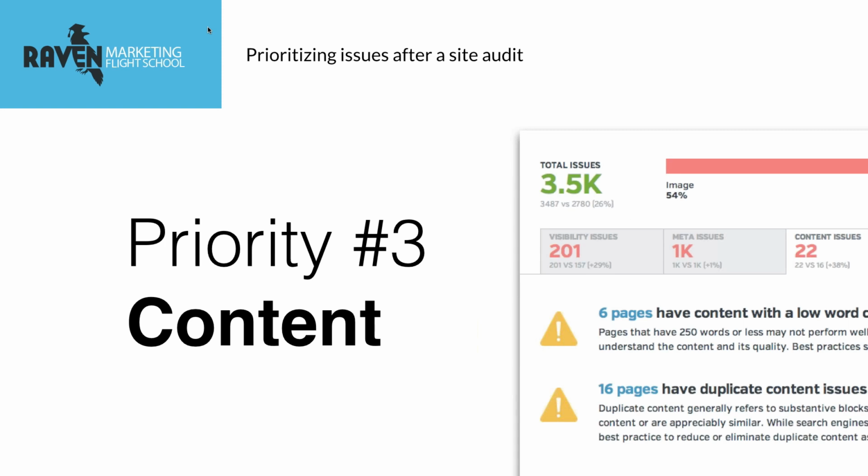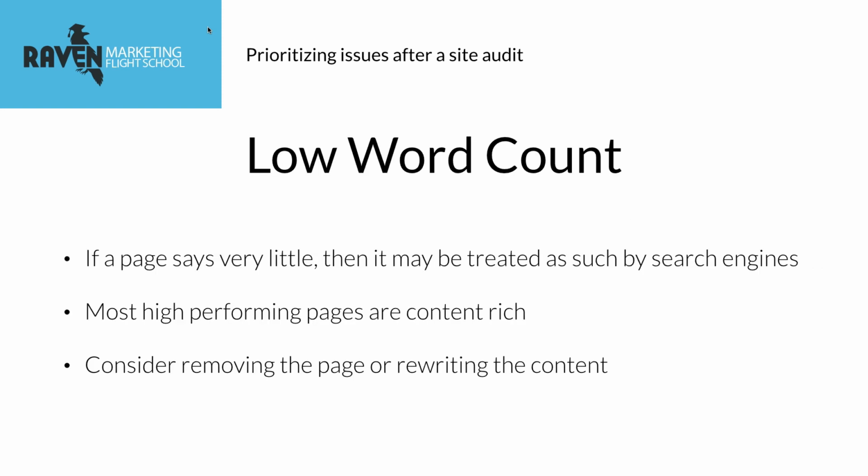The third thing I like to look at is the content and any content issues I might have on the site. The first place I start is low word count. The problem with low word count is that the purpose of your pages and the ability to get them to rank has to do with what you are communicating to that search bot, not just that person. If you're only saying a little bit on a particular page, then that may be seen as a low quality page.